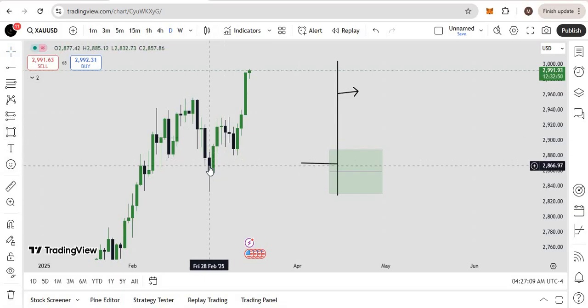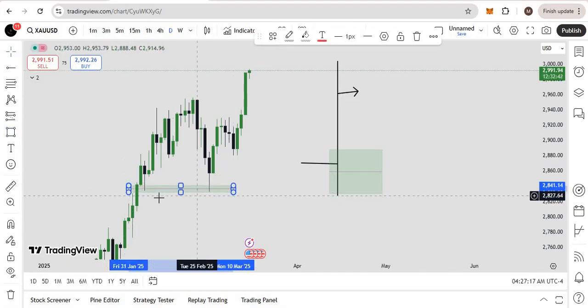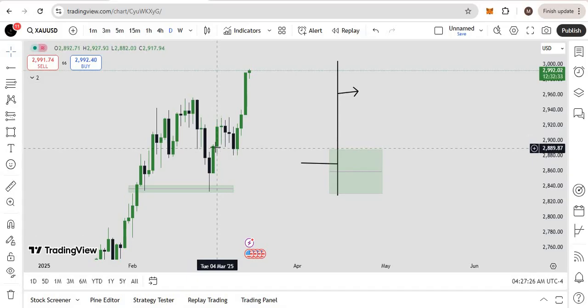So what happened: price came to an area of imbalance, reached that area and did not close below it, right? And the next day we wait for price to close above, so after that we can take the entry. Now after that price makes a liquidity area, as you can see, 1 2 3 4 areas of liquidity.